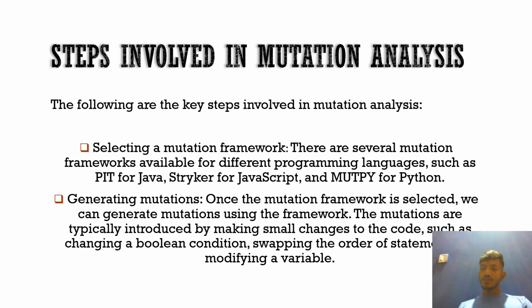Once the mutation framework is selected, we can generate mutations using the framework. The mutations are typically introduced by making small changes to the code, such as changing a Boolean condition, swapping the order of statements, or modifying a variable.